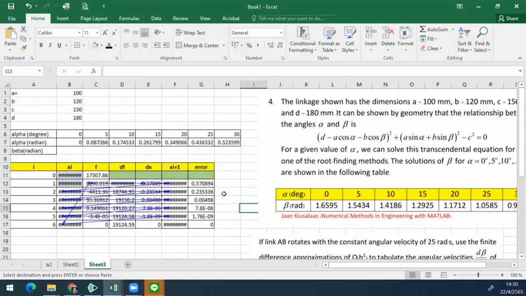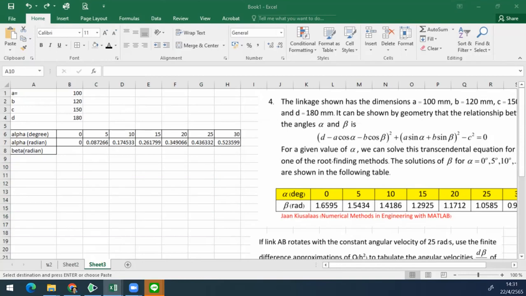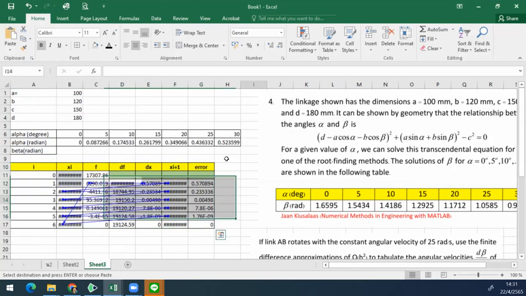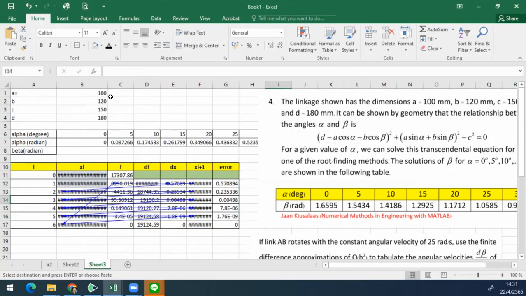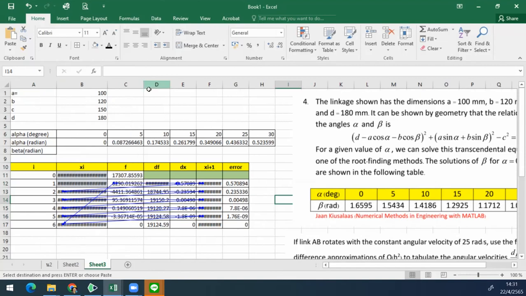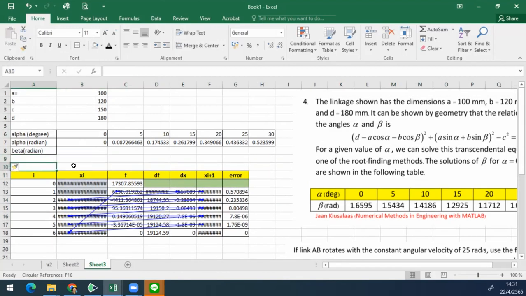This is the table for the second method.